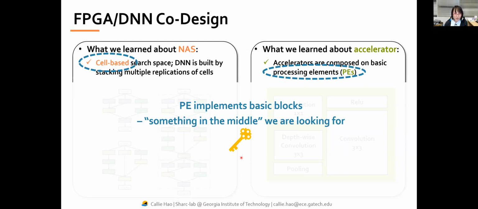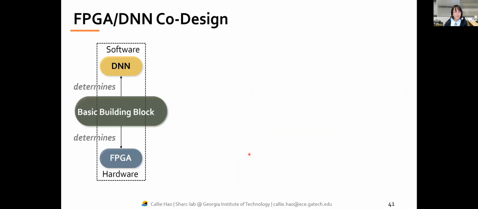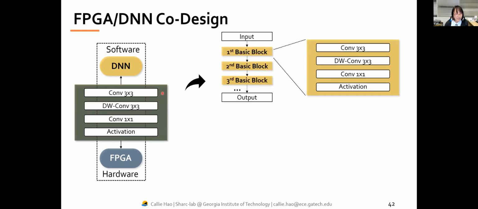So what is this something in the middle, and how can we look for it? This is an illustration of how this important basic building block sitting in the middle can decide both parties. This is one example. Suppose the cell looks like this: 4 layers, different combinations, different numbers of channels, and we stack or repeat this cell a couple of times.